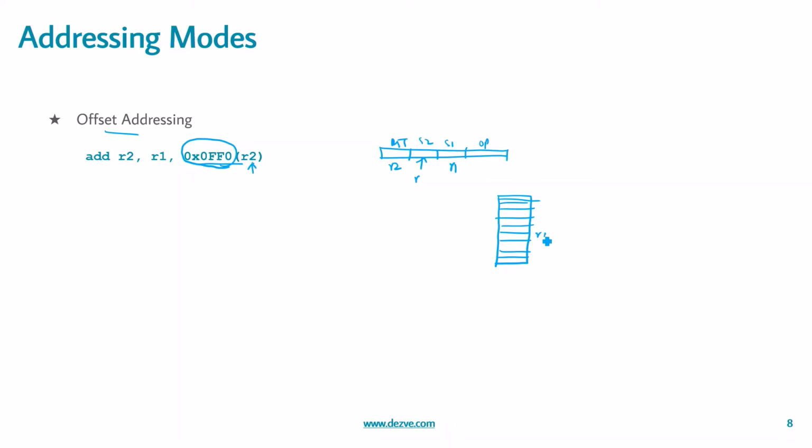and this is R1 and this is our ALU, this R1 will be indexed and will go to this ALU. This R2 will be fetched, and this is the address which comes from R2.